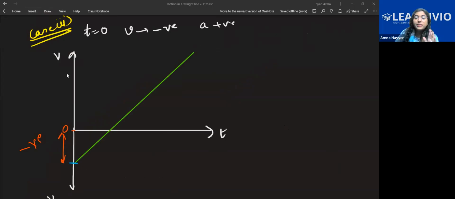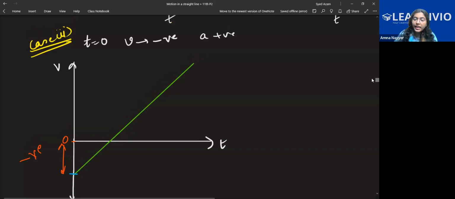Acceleration positive means constant slope, and theta has to be acute, so this is the only way. If the fourth case were there, V negative, A negative, then the graph would have been C. V negative means here T is 0.